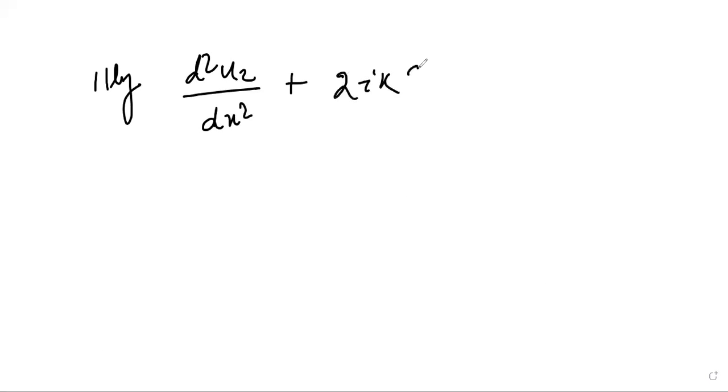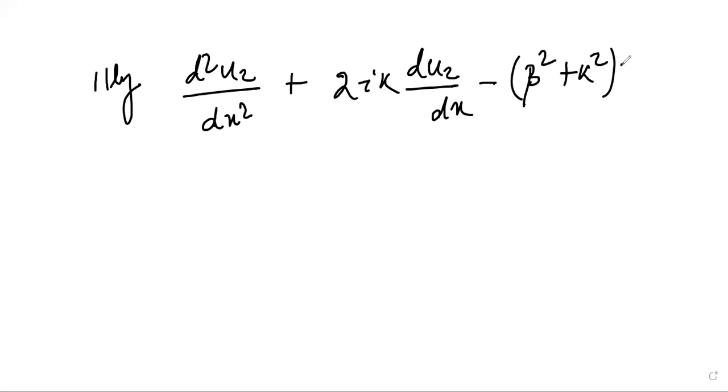So d square u2 upon dx square plus 2ik du2 by dx. Now in the beta equation, we got minus beta square minus k square times u2 is equal to 0, right? This is valid for x lying between 0 and minus b. The same way we need to do, so I just wrote it directly.